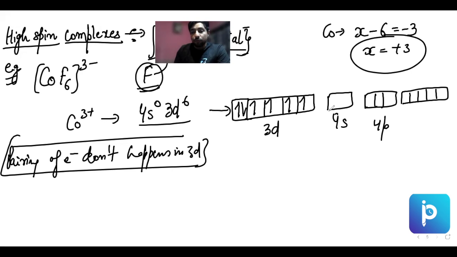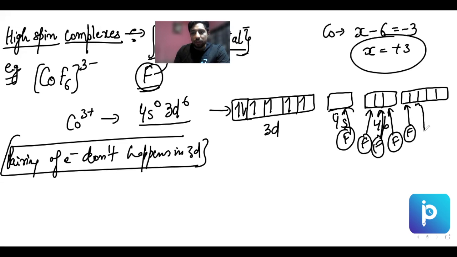The fluorine will first donate its electrons in the 4s. Three fluorine atoms will be accommodated in the 4p, and 2 fluorine atoms will be in the 4d orbital.